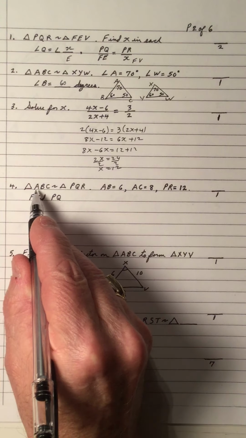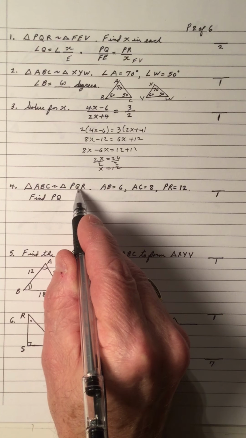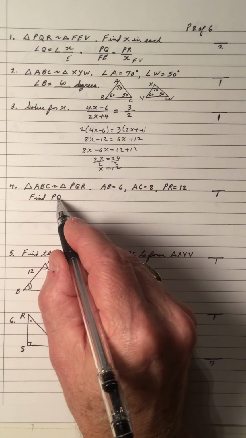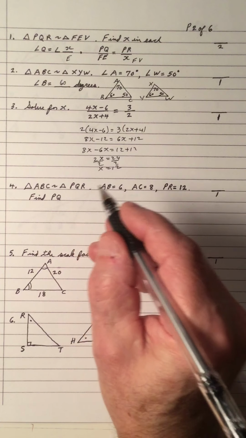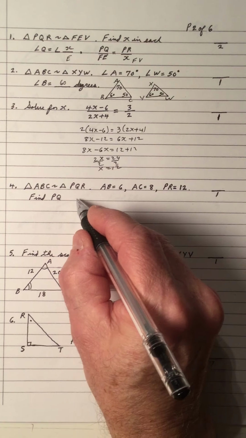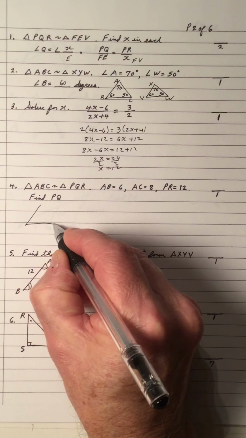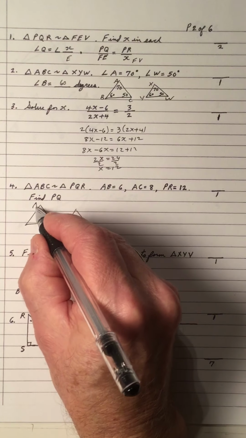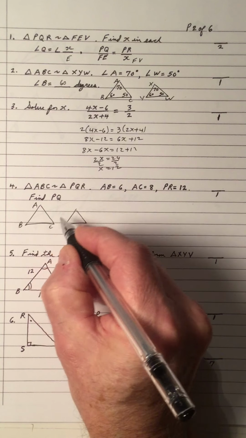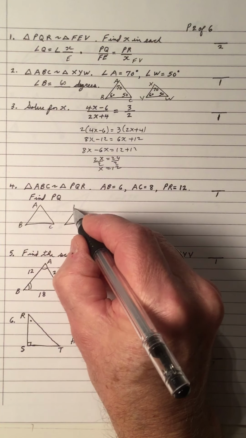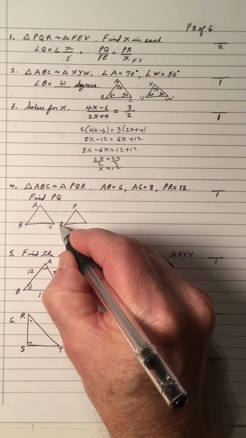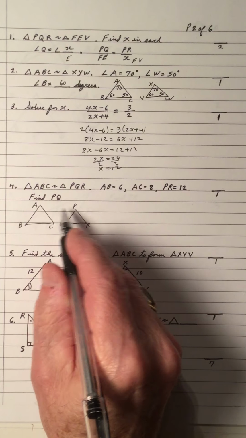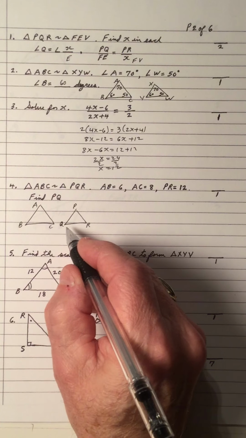Give yourself a mark if you got 12. Number 4, triangle ABC is similar to PQR. AB is 6, AC is 8, PR is 12, find PQ. So what I do is draw the 2 triangles, and here you go. I take the triangle A, B, C. It's going to go with P, Q, R. Drawing the triangles means I don't have to write down the 3 proportions.